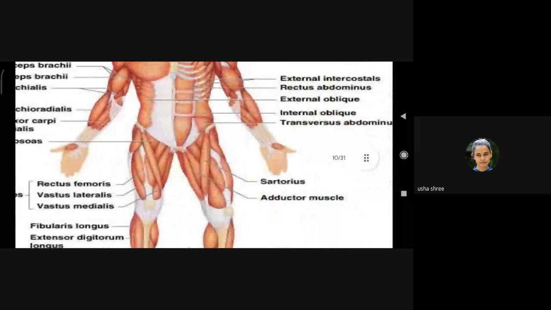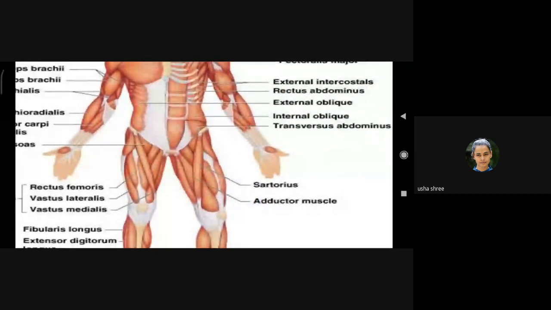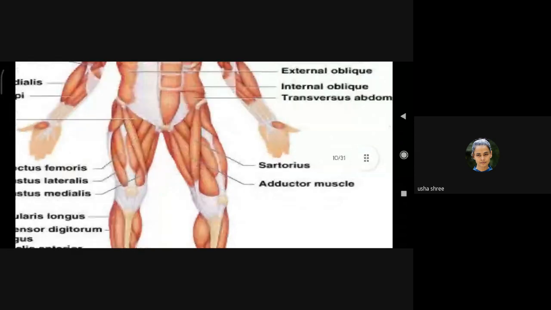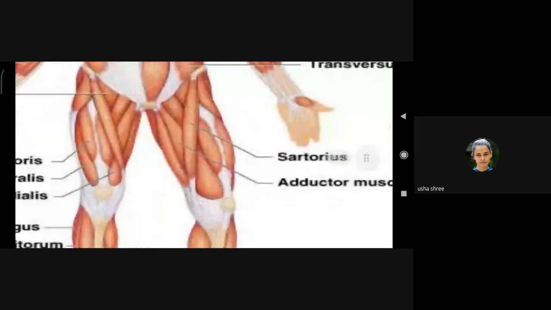And you can see this long muscle, which is twisted from the upper part of the thigh to the knee. This is the longest muscle in our body, known as sartorius.